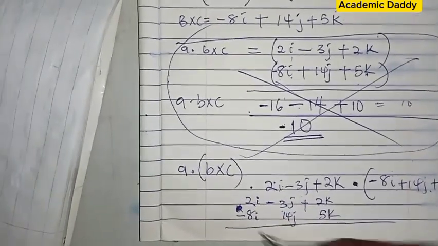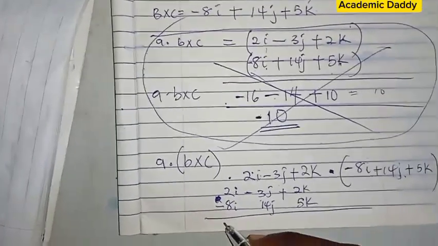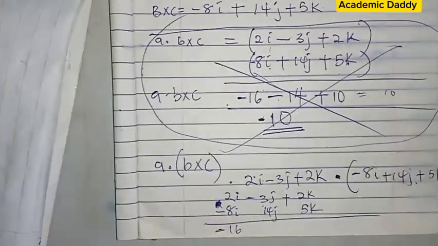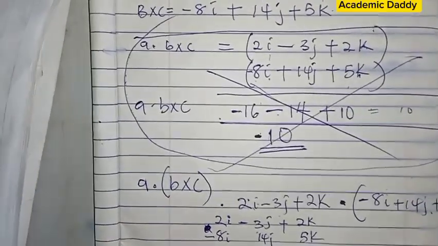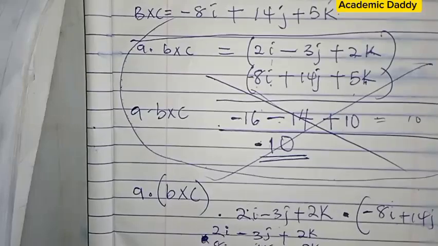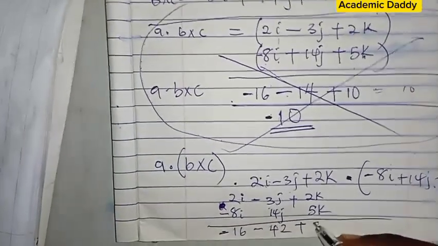It's the same thing though, but we just made some rough mistakes. So this is going to be minus 16. Then minus 3 times 14 is going to give me minus 42, then plus 5.